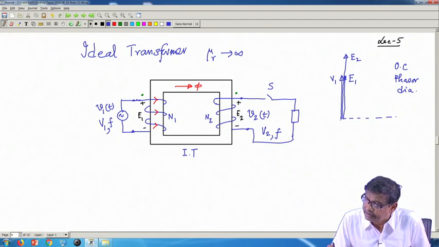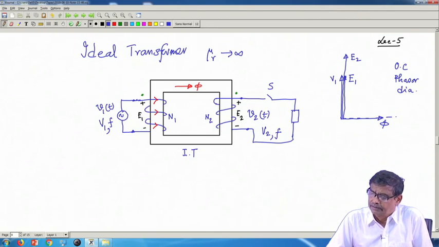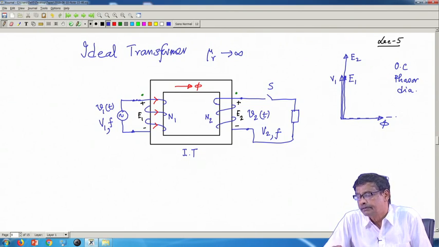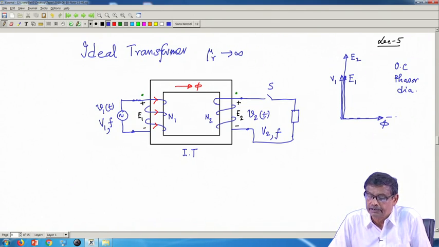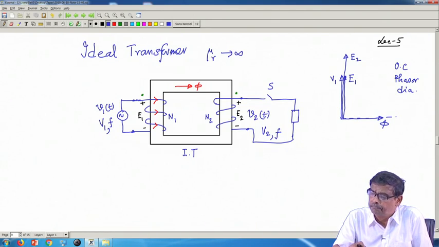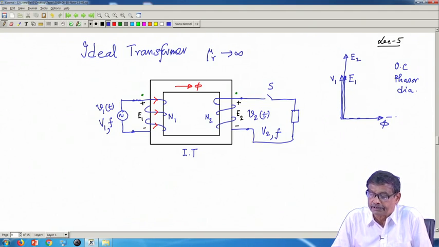Of course, magnetizing current is 0, but flux is here, is it not? Because after all, it is a purely inductive circuit, and whatever little magnetizing current is drawn will be 90 degrees lagging the applied voltage, and therefore phi will be here. Phi is finite, because you are using the very best material having mu r tending to infinity.